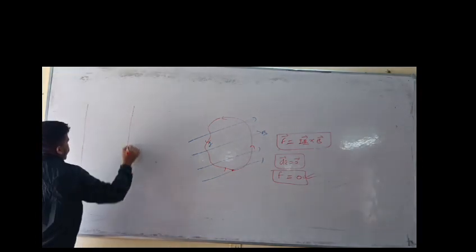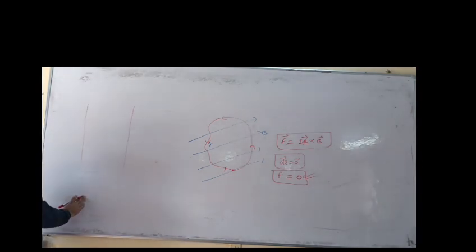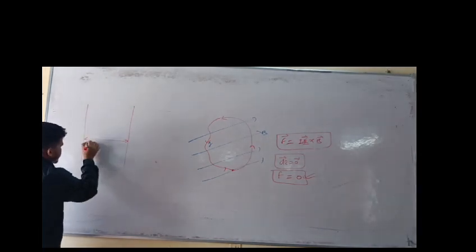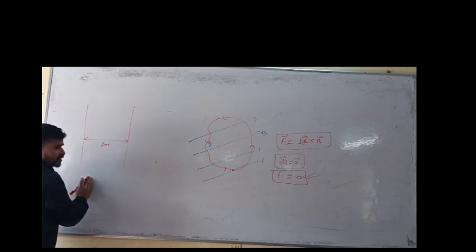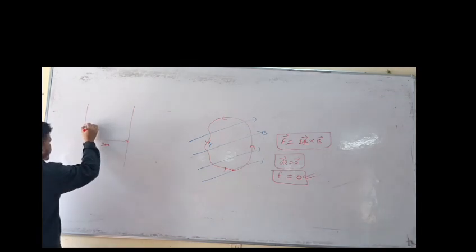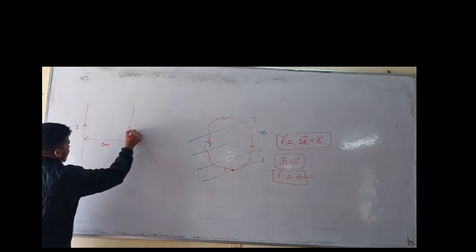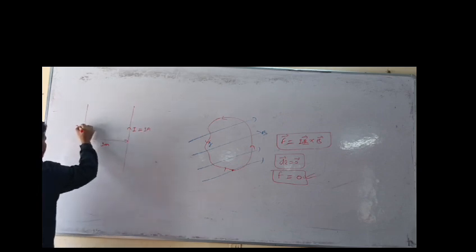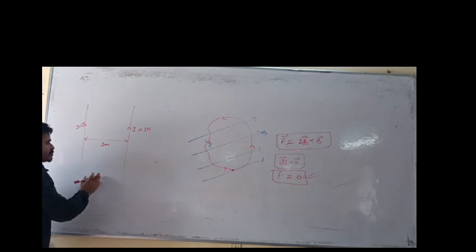Actually, it is the force acting between current carrying infinite straight wires when they are separated by some distance. What is the distance? 1 meter. And the straight wires were carrying what current? 1 ampere. And the force between them should be what?